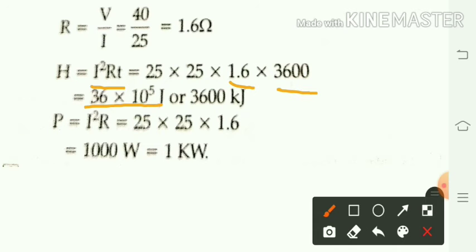Now we will calculate the power. Power can be calculated by the formula I square R, as we know the I value as well as the resistance. So I square R, 25 into 25 into 1.6, it becomes equal to 1000 watt, and 1000 watt is nothing but 1 kilowatt.